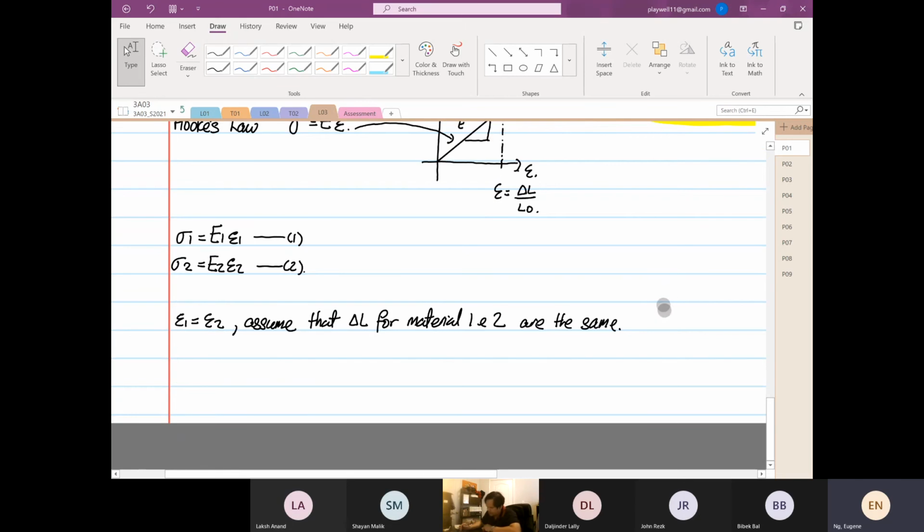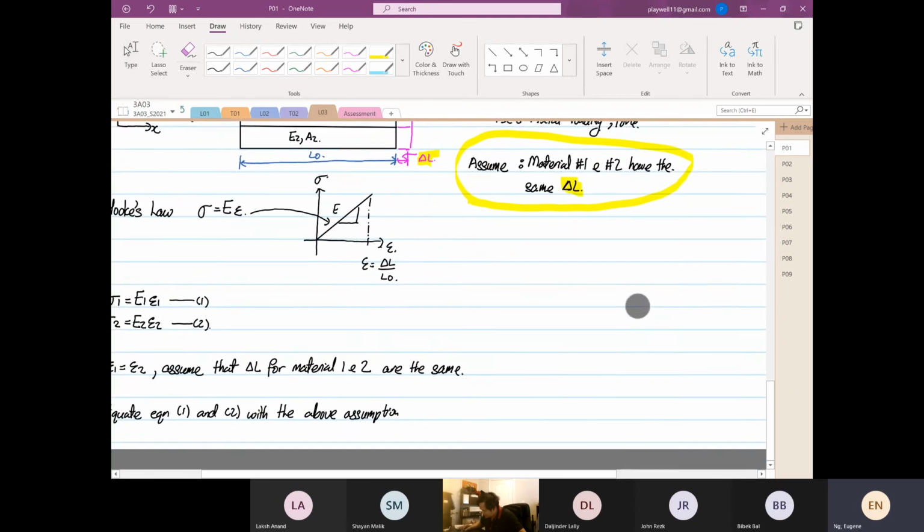So when that is the case, if we look at equation 1 and 2, what we're going to do is equate equation 1 and 2 with the above assumption, that the delta L is the same.